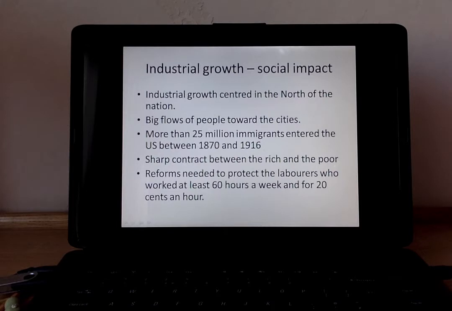We can now point out that there were three main waves of immigrants. The first wave of immigrants was between 1815 and 1865, and they were generally German, Irish, and Scottish. There was a second one, immigration from southwestern European and Asian countries between 1820 and 1890.